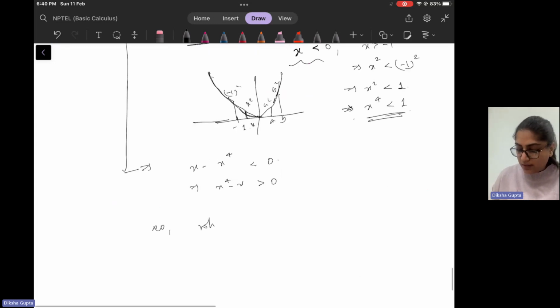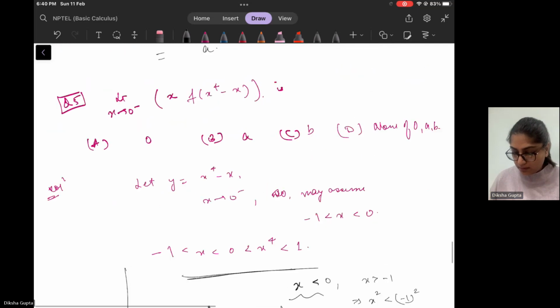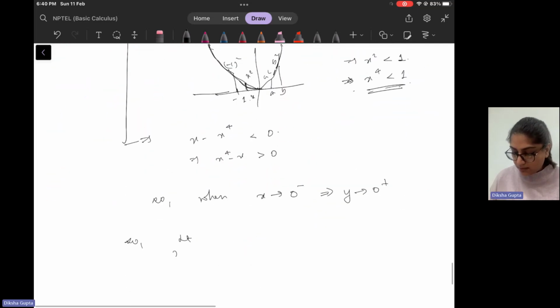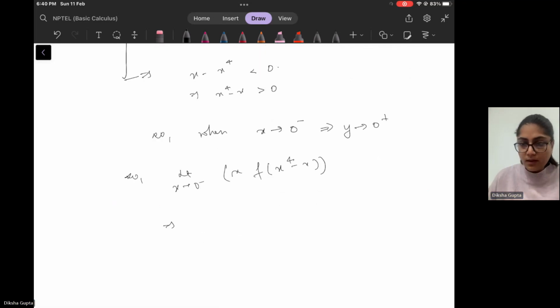So when x goes to 0 minus, we will have that y goes to 0 plus. So we have to evaluate the limit of x going to 0 minus of x times f of x^4 minus x. Now using algebra of limits, since the limits of both x and f of x^4 minus x exist, we can separate them.